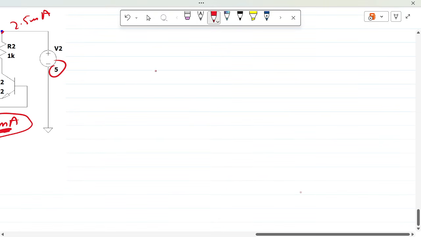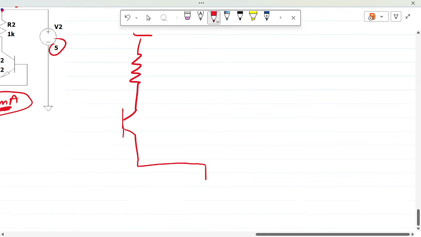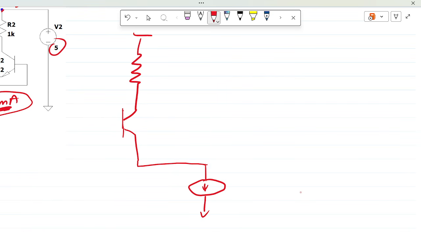So assuming I did this, okay, now we are going to tie the two to the current source, because we know that gives us a robust differential amplifier.